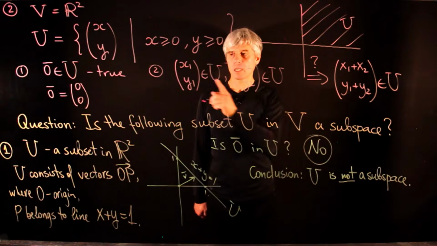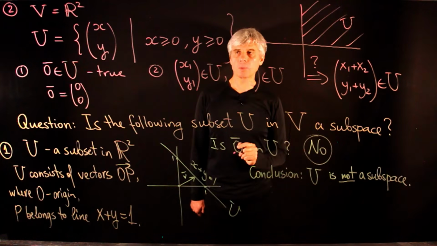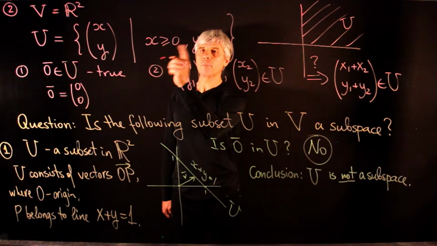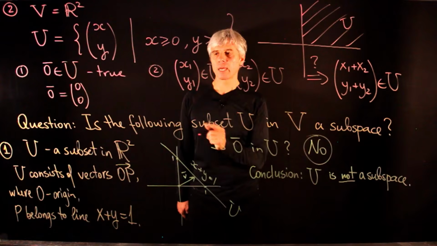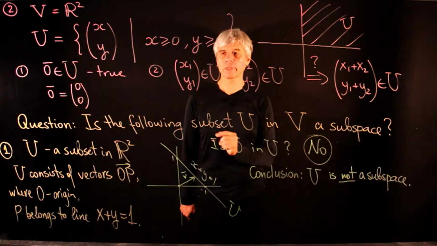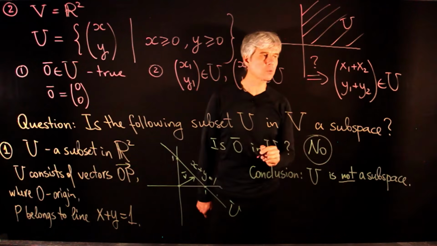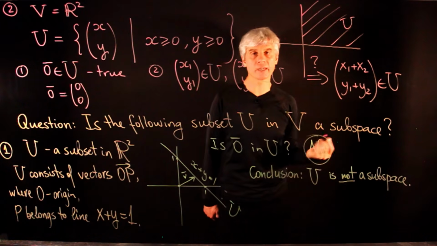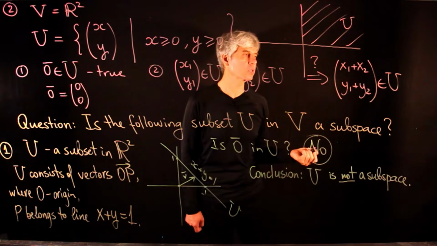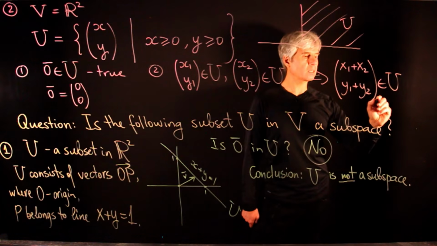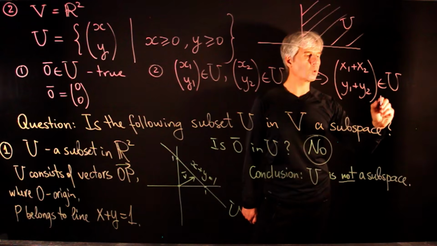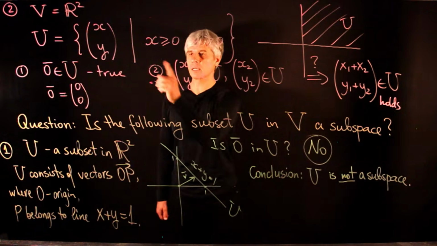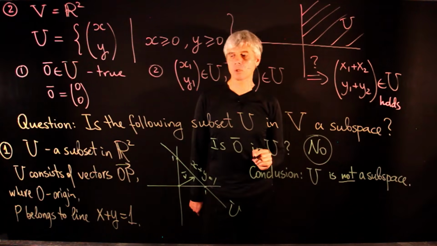Now, for these vectors to be in the subset, their components must be non-negative. And so if all these four numbers, x1, x2, y1, y2, are non-negative, then the components of this vector are also going to be non-negative, because the sum of non-negative numbers is non-negative. So this means that this property also holds. So the second property of a subspace will hold.